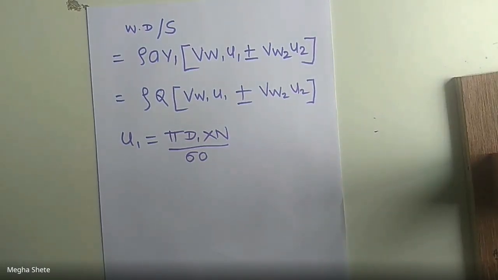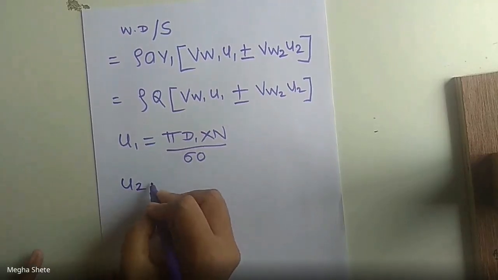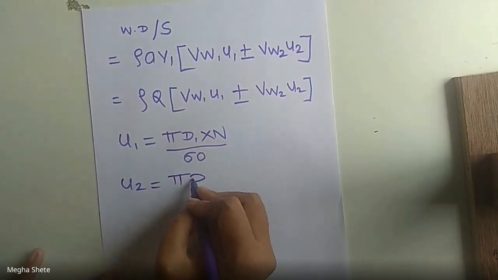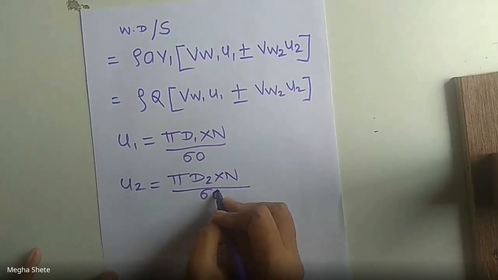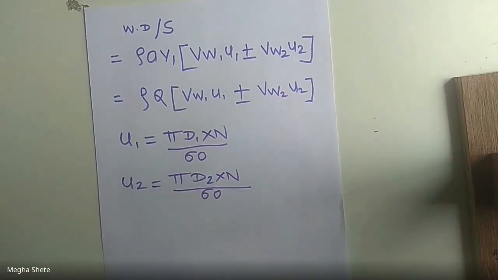Similarly, U2 is the tangential velocity of the wheel at outlet, and the formula is U2 equals pi d2 into n divided by 60, where d2 is the inner diameter of the runner and n is the speed of the turbine in RPM, revolutions per minute.